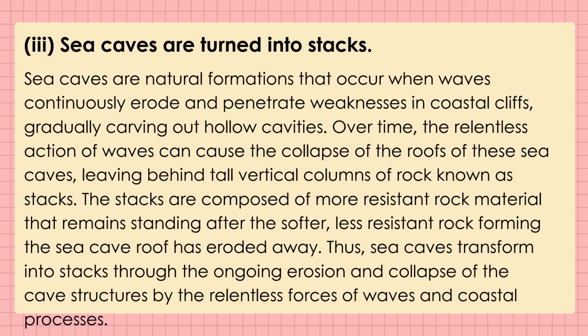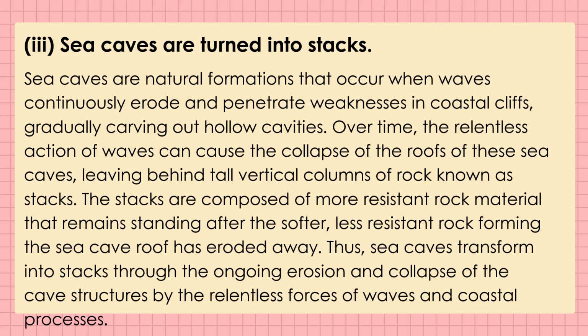Explain why sea caves are turned into stacks. Sea caves are natural formations that occur when waves continuously erode and penetrate weaknesses in coastal cliffs, gradually carving out hollow cavities. Over time, the relentless action of waves can cause the collapse of the roofs of these sea caves, leaving behind tall vertical columns of rock known as stacks.